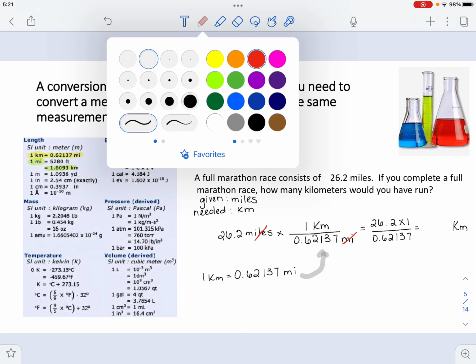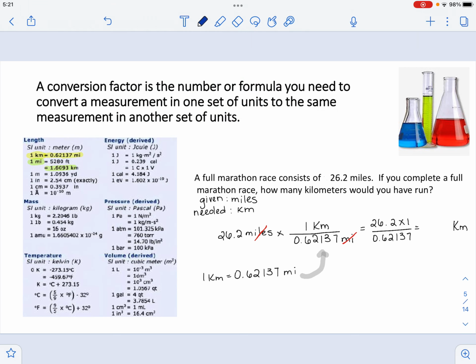Now, one thing that we have to keep in mind when we're doing a conversion factor is the number of sig figs that we have in the measurement given. Here we have 3 significant figures. Because during our conversion, we are dividing and multiplying, the rule states that even though our calculator display shows us many digits, we're going to show the final answer rounded to the same number of significant figures as the measurement given.